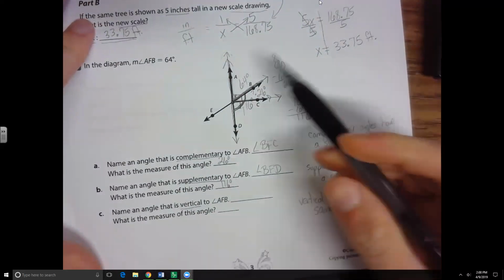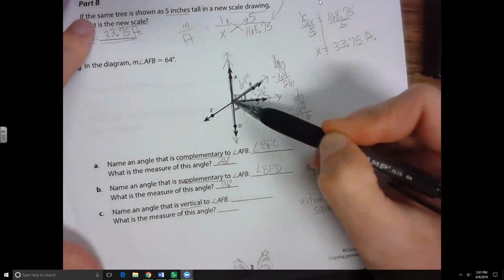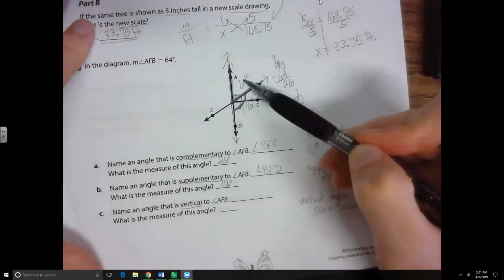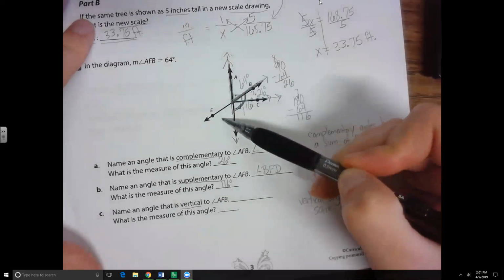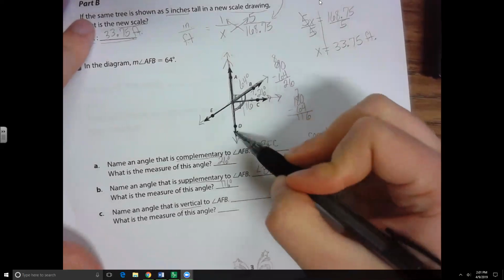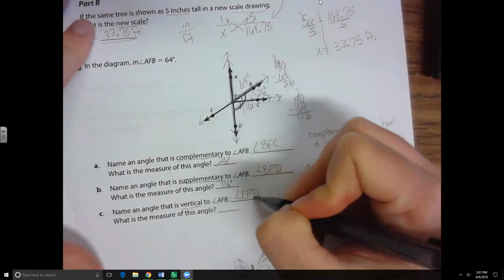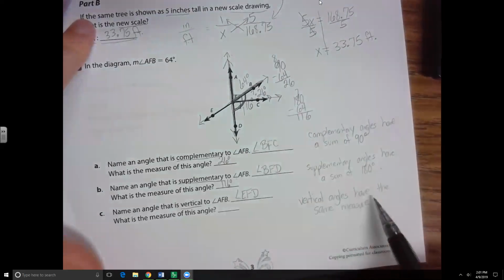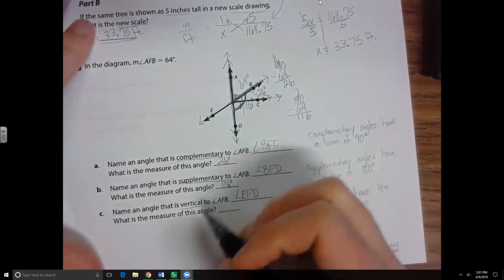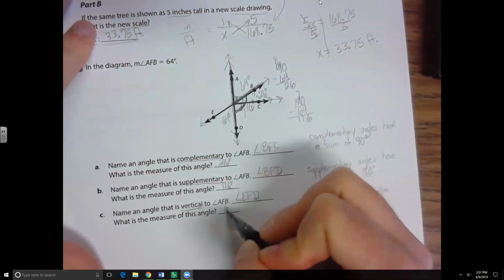So if I took angle AFB and I flipped it over backwards, then it would land here, which is angle EFD. So angle EFD would be that angle. And we just wrote that vertical angles have the same measure, so the measure of that angle is also 64 degrees.